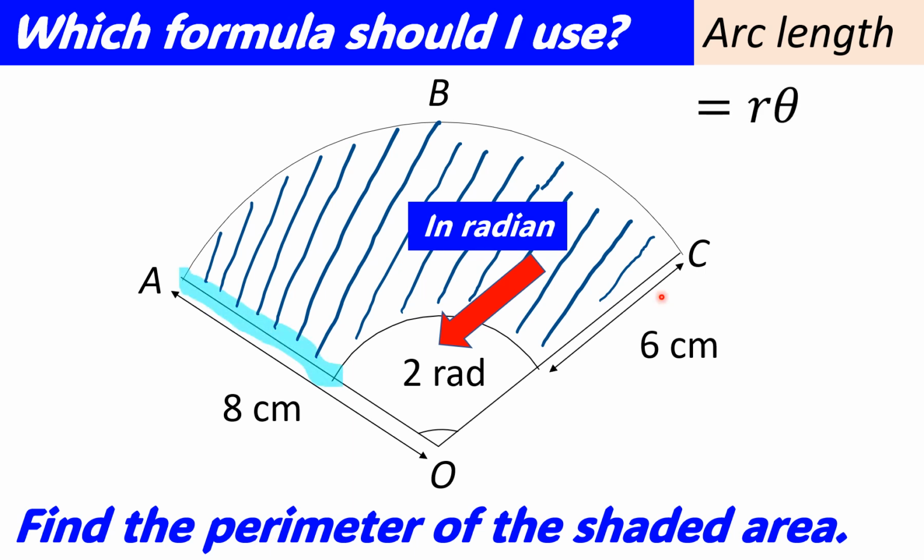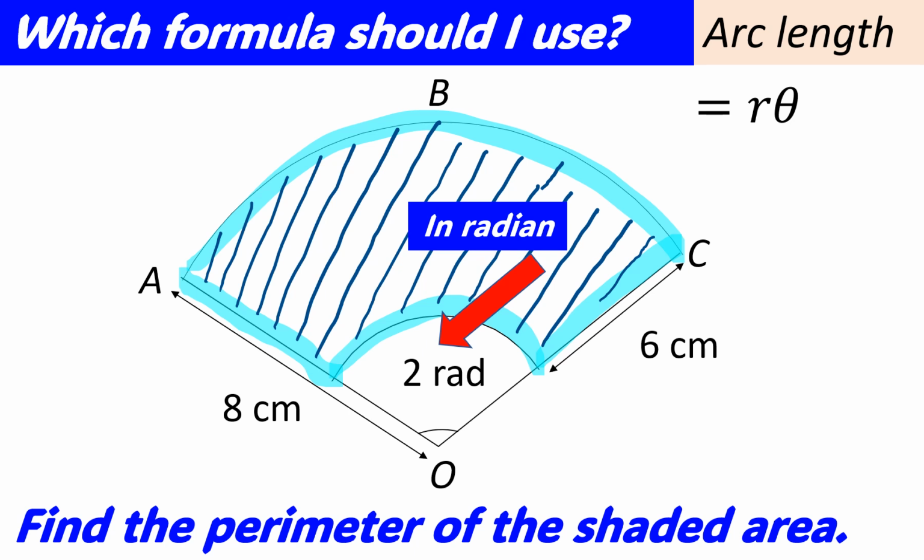This length here, which we can easily find, is given from the same side here, which is equal to 6. And then I also need to find the smaller arc length here, which is equal to r theta. And lastly, we will need to find the bigger arc length ABC. By putting all this together, we can easily find the perimeter.